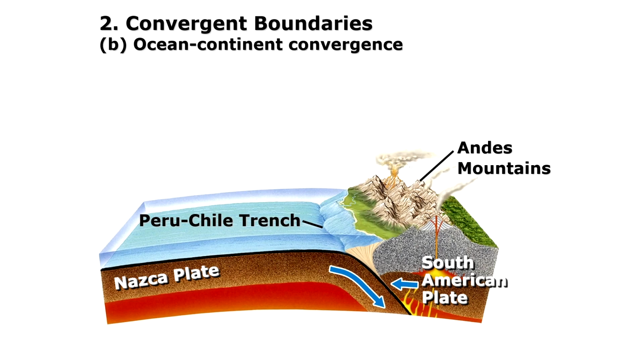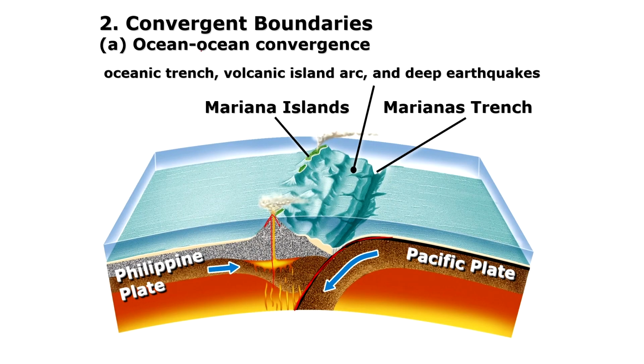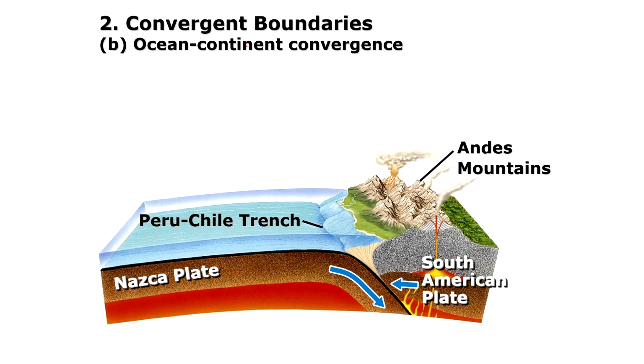Now, coming to another type, the configuration is changing, because earlier we had oceanic and now we have oceanic and continental. Okay. And as we have already discussed, the continental plate, because it is lighter in terms of density as compared to the oceanic plate, will not subduct.